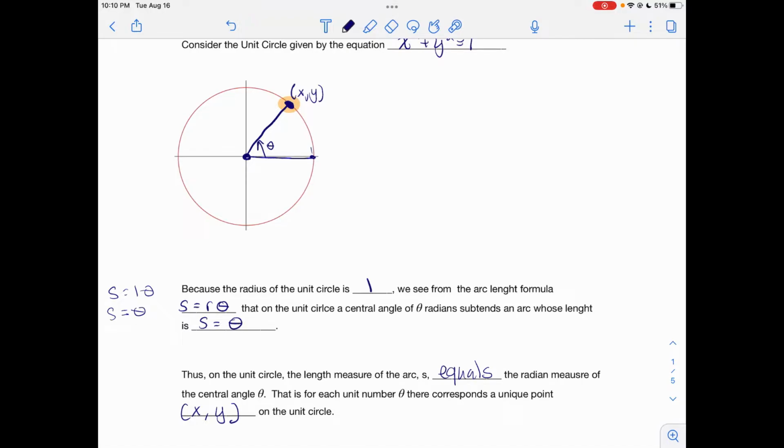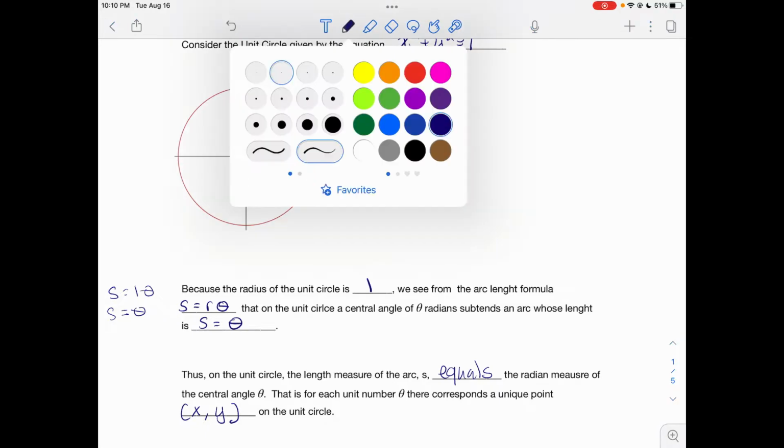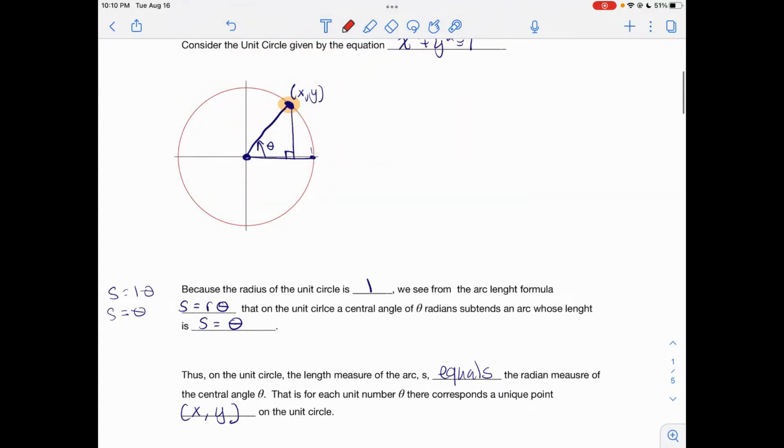Now we can use this information and our knowledge of the unit circle to figure out trigonometric relationships of this point (x, y). So how do we do that? Well, if this point is (x, y), that means I've moved across the x-axis a distance of x, and I've moved up on the y-axis a distance of y.